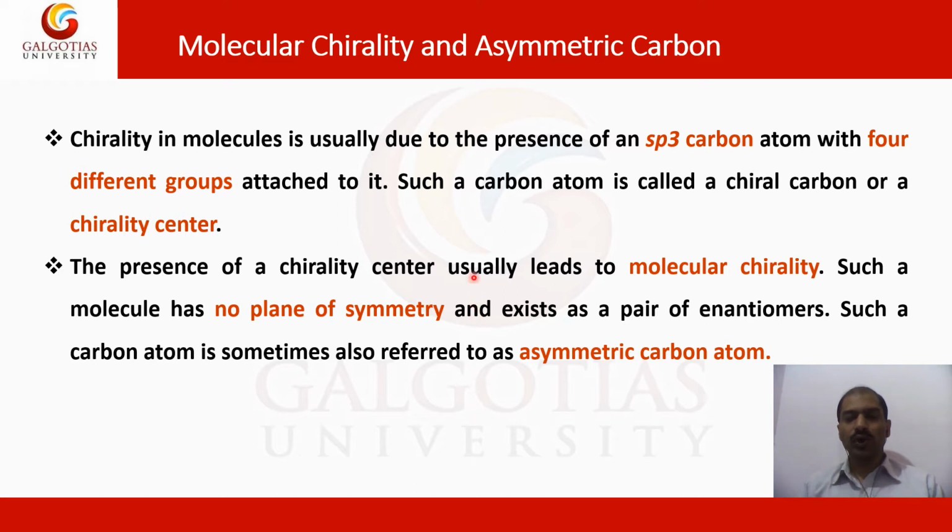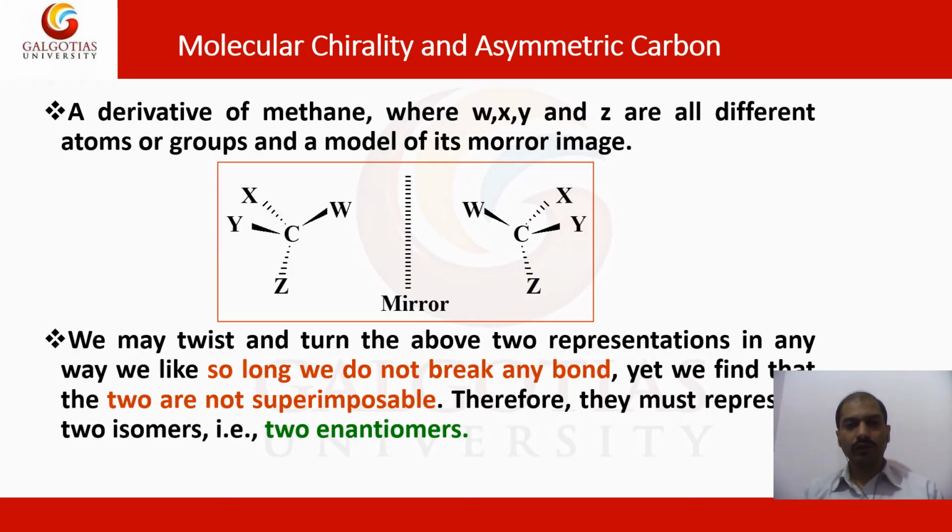So you do not need to be confused between chiral carbon and asymmetric carbon. Here you can see the example. In a very simple case, if this carbon has four different groups, and you put a mirror, then the image will look like this.